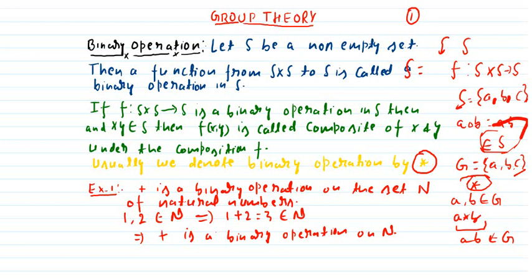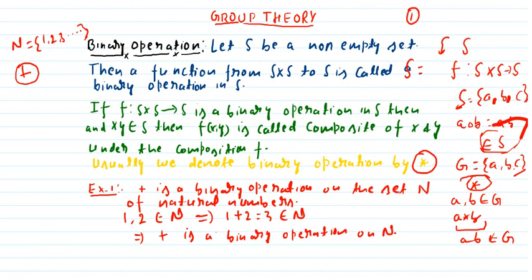Now let us take another example. Let us consider the set of natural numbers. We know that natural numbers are 1, 2, 3, and so on. Suppose we are talking about plus. We will check whether plus is a binary operation on the set of natural numbers N or not.